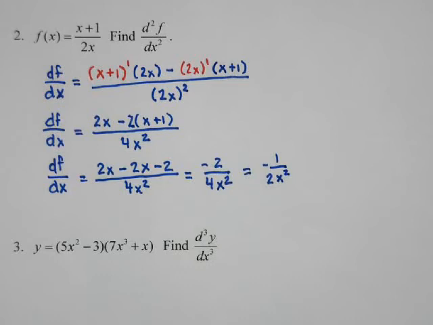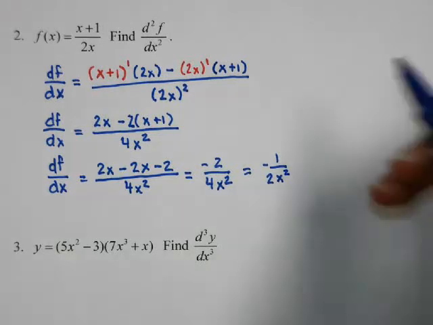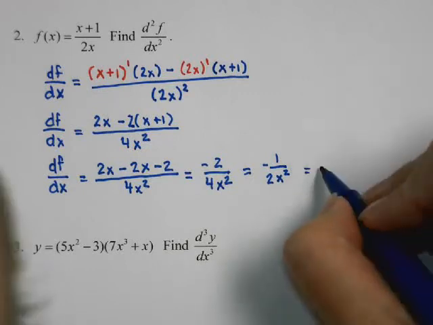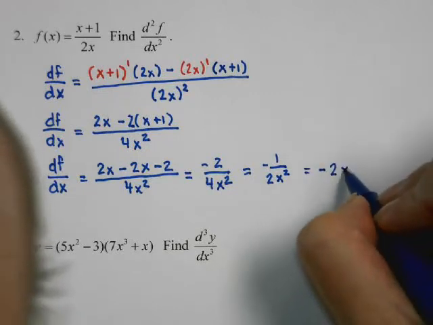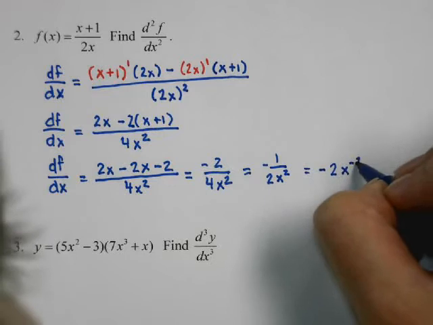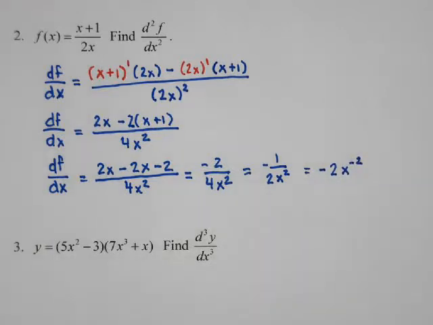And I'm going to have to take this derivative again. So I'm going to write this as negative 1/2 x to the negative 2.